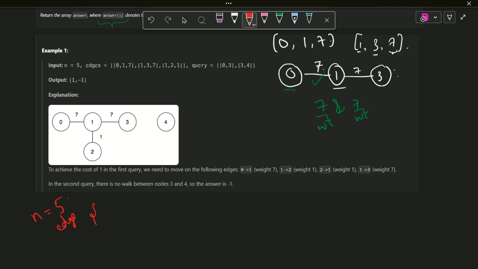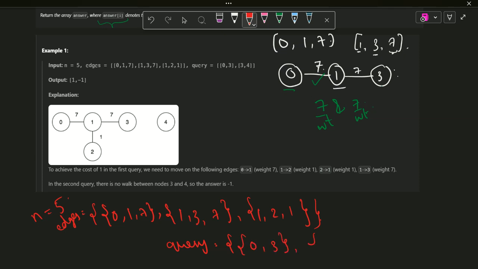Edges is equal to 0, 1, 7, 1, 3, 7, 1, 2, 1. These are the given edges. Given queries are 0, 3 and 3, 4. Given queries and given edges.